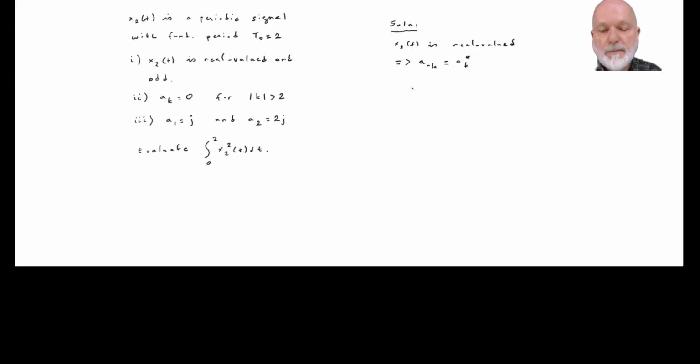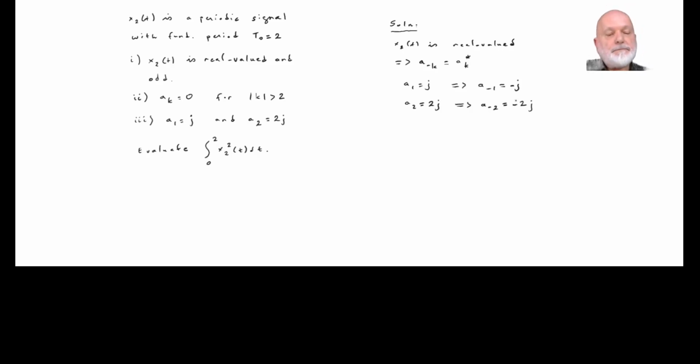So, a1 is equal to j. This means that a minus 1 is equal to minus j, and a2 is equal to 2j, and this means that a minus 2 is equal to minus 2j.